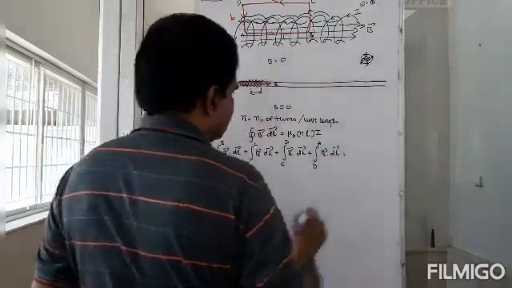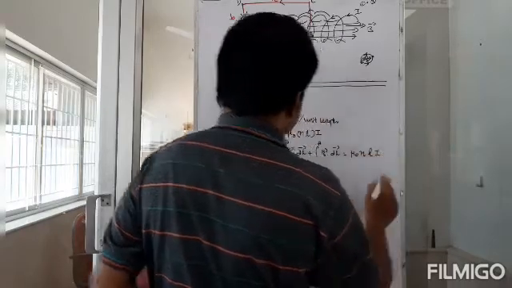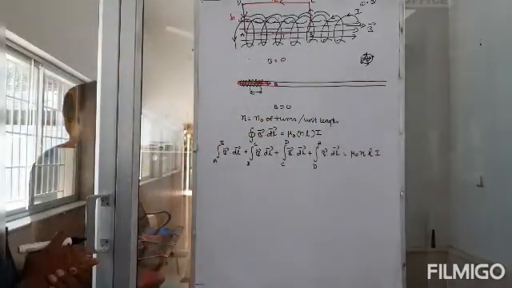This must be equal to mu naught N L times I. That's what it is.